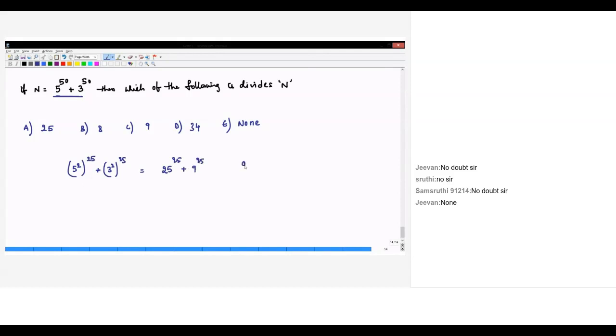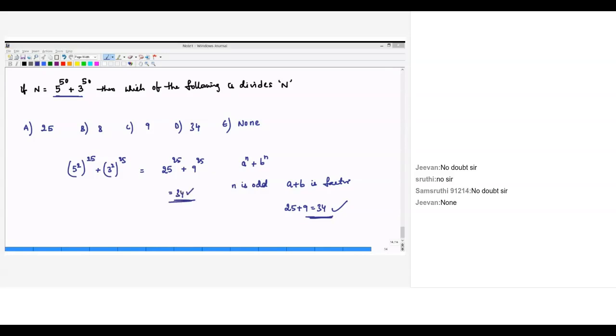Now it is in the form of, and n is odd. Therefore, what is a factor? A plus B is a factor. So answer is 34 there.